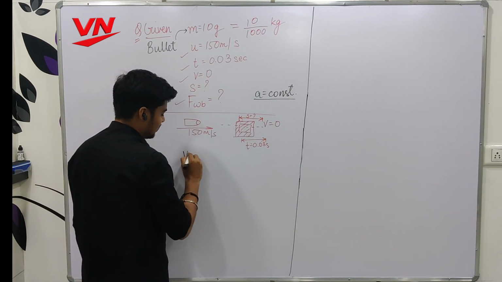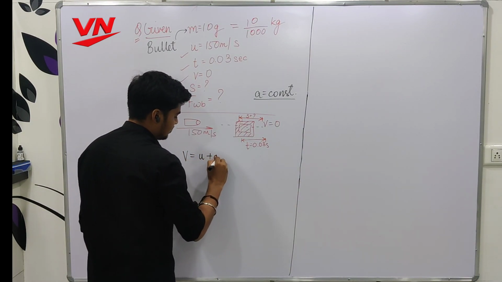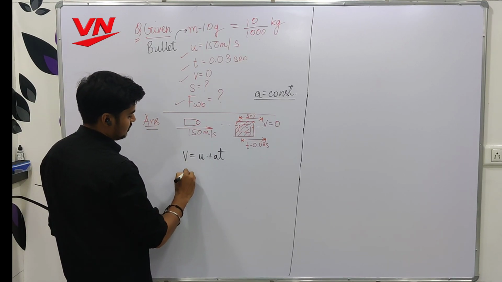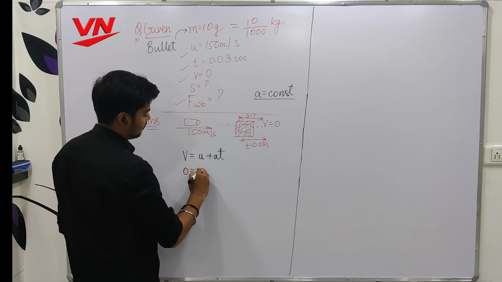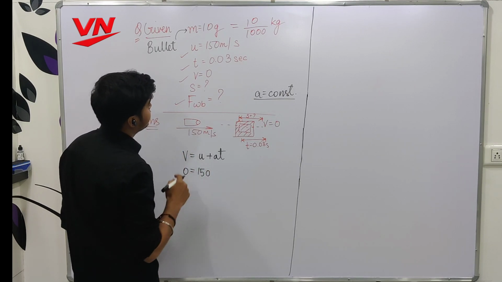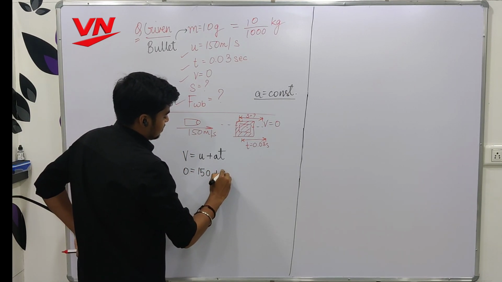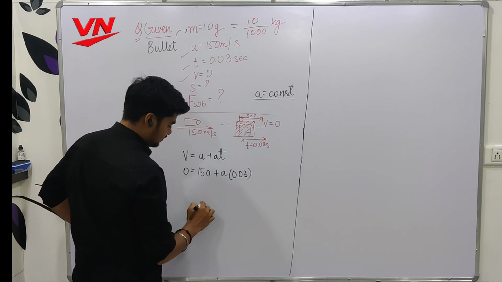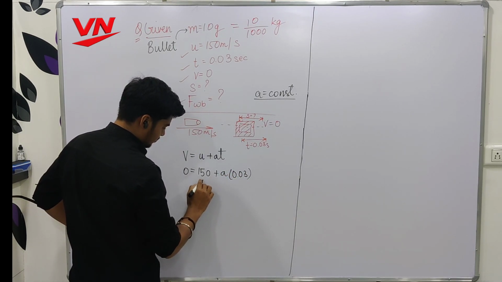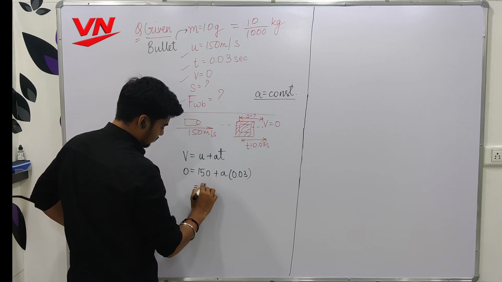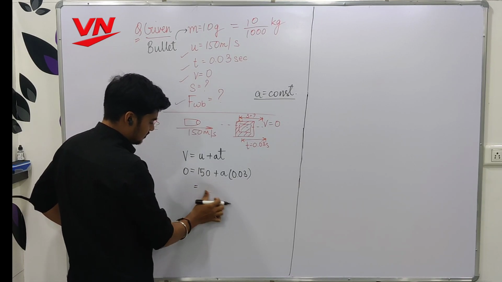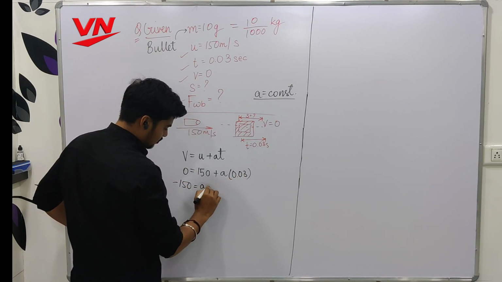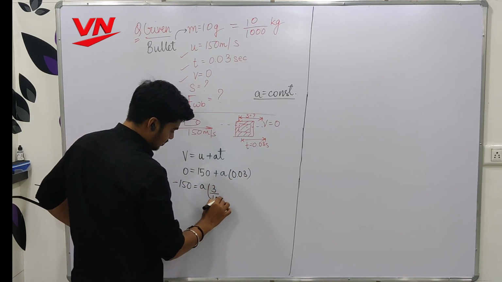Okay, as you know we can use equation first, that is v is equal to u plus at. Final velocity 0, initial velocity 150 meter per second, plus acceleration a, and the time it has taken was 0.03. Take 150 this side, minus 150, and write 0.03 as 3 upon 100.